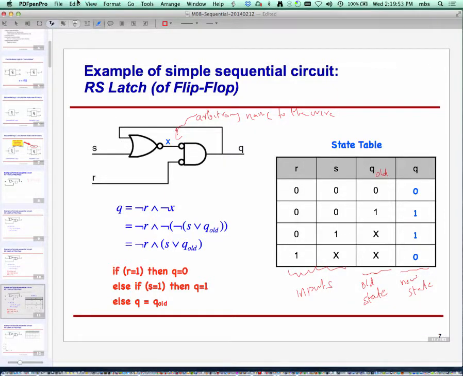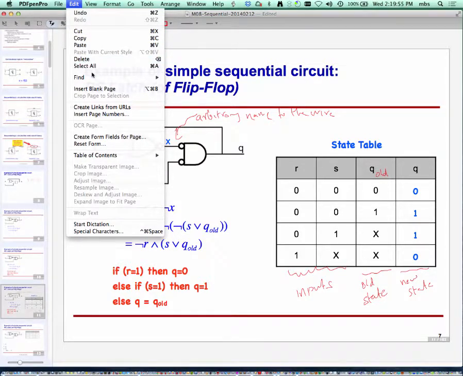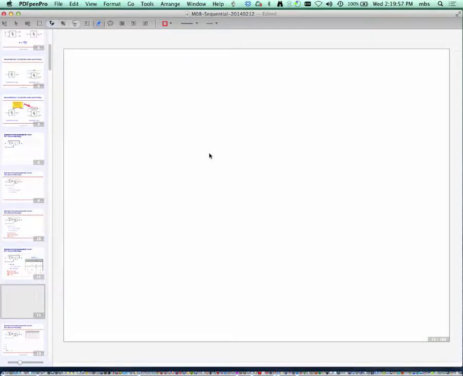Let's take the following circuit. Take an odd number of inverters and just consider this circuit.